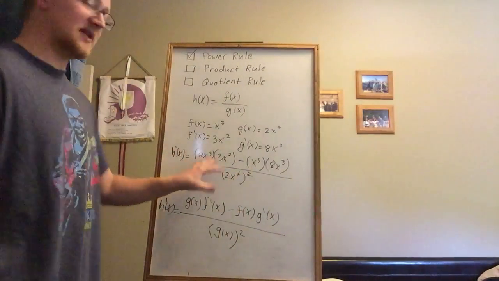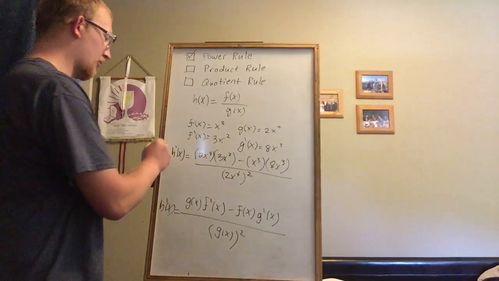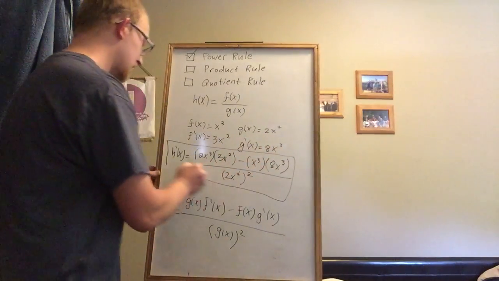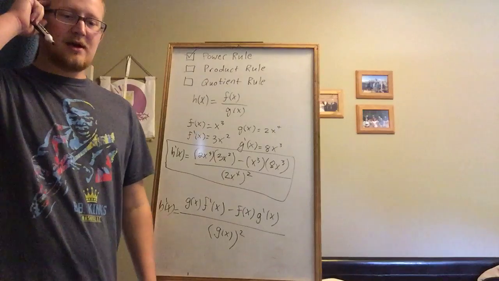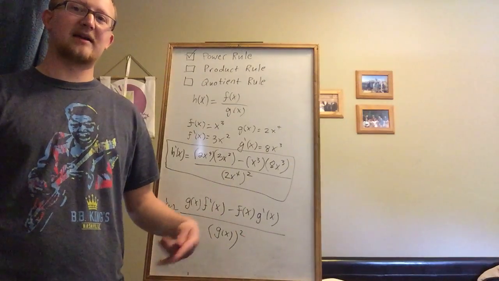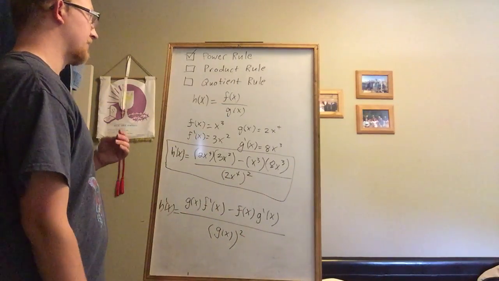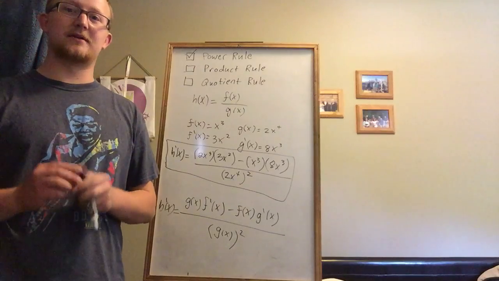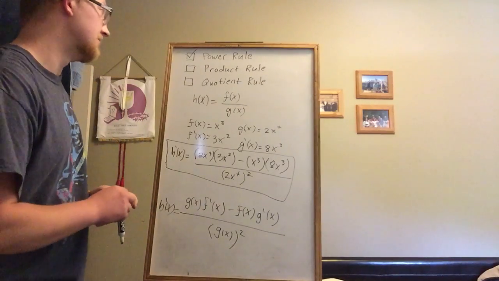And of course this simplifies, but it's really more important that we just know the process of using these rules. You will get to simplify a lot of these algebraically, but it's really important just to learn these algorithms first.